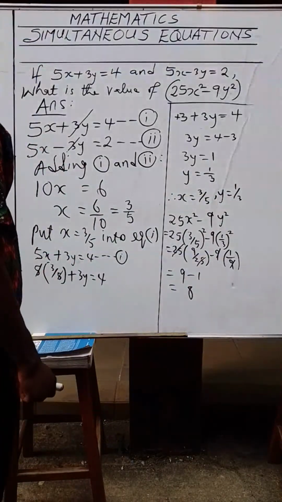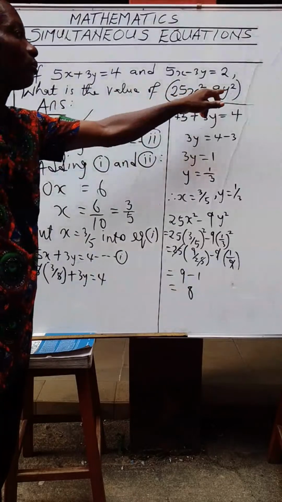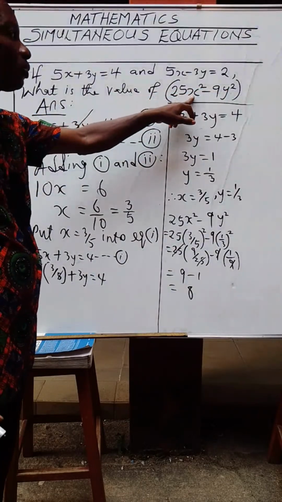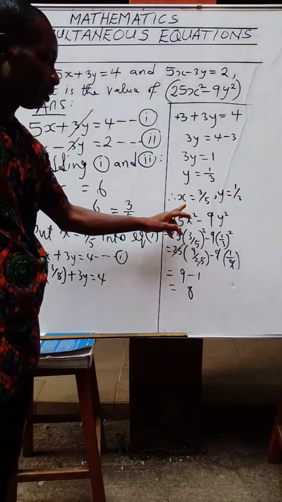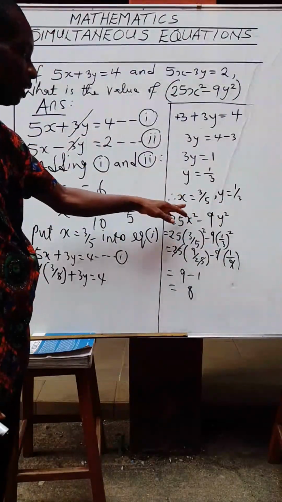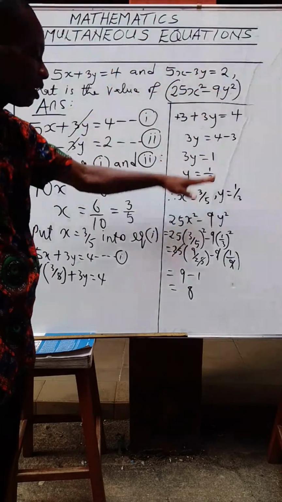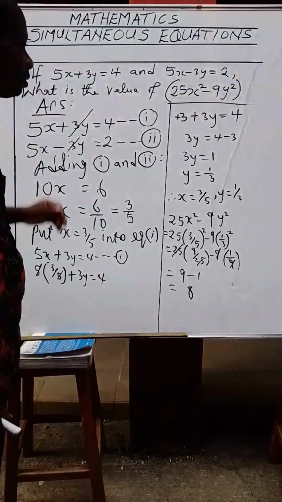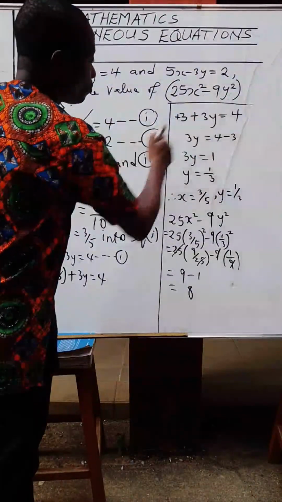Now remember, what we are looking for is the value of this expression. Now that we have gotten these two values, the value of x and that of y, look at it. So just come here, take this one, plug it into this expression and get the value as 8. All right? Remember, we are given 25x squared minus 9y squared.